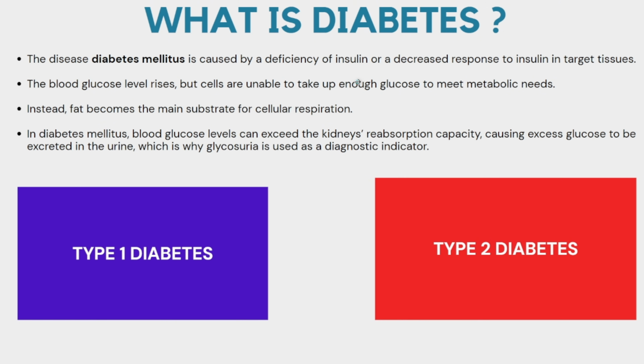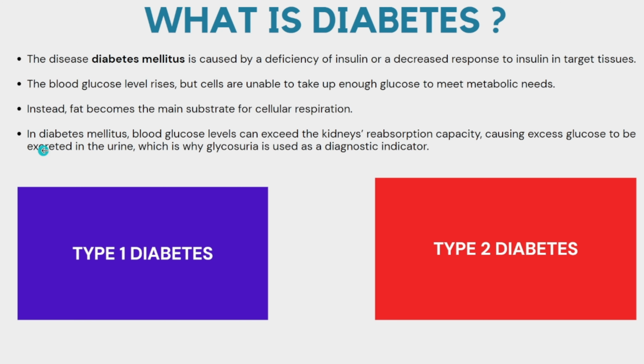Of course cells can take up glucose naturally, but if your blood glucose level increases, your cell cannot automatically take up glucose in large amounts. They need insulin. If no insulin, the cell just naturally takes glucose only. So instead, fat becomes the main substrate for cellular respiration.